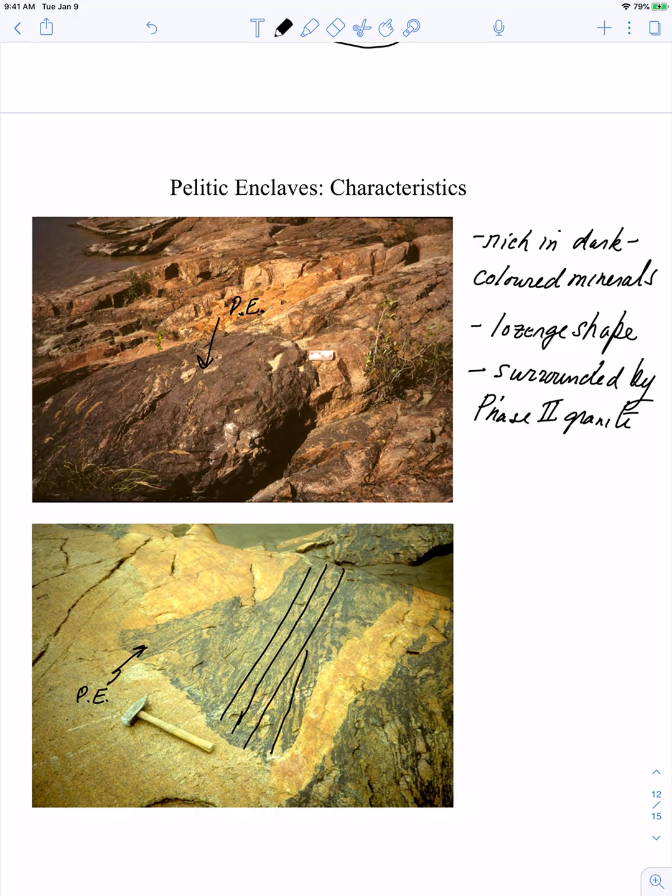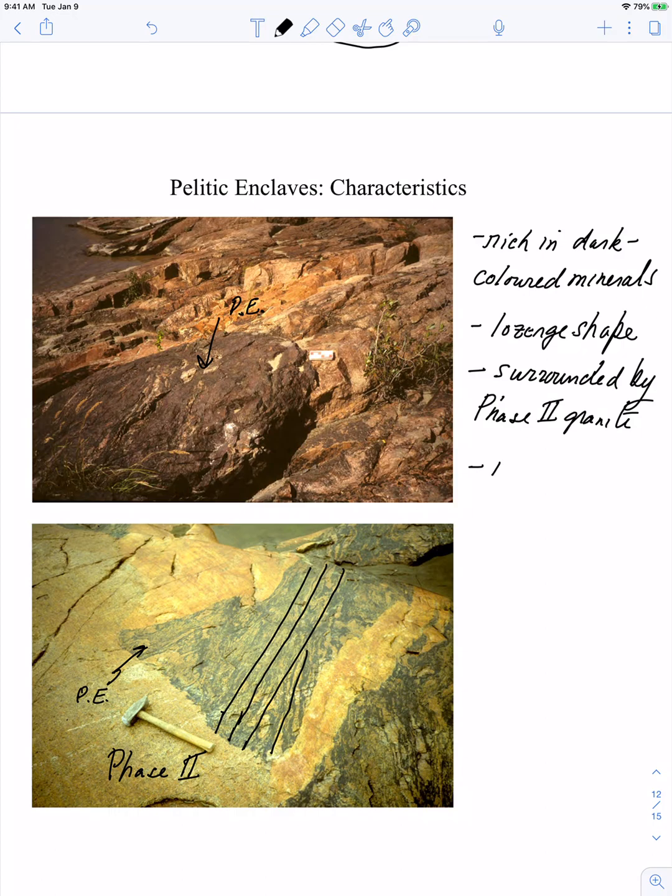The important point is that that layering extends until you get to the phase 2 granite, which is here. So it looks like the phase 2 granite truncates or cross-cuts the metamorphic layering in the politic enclave.